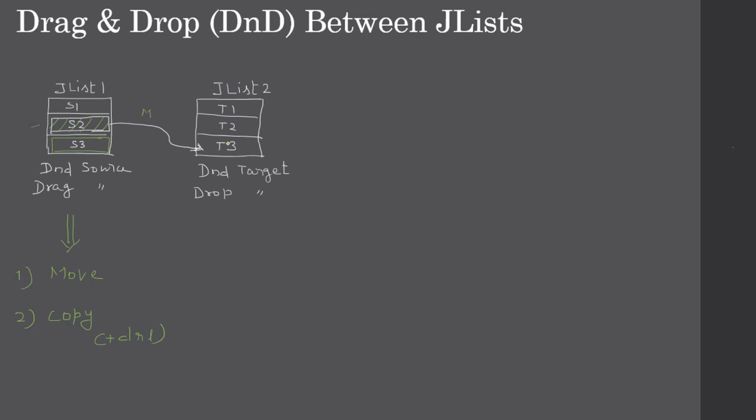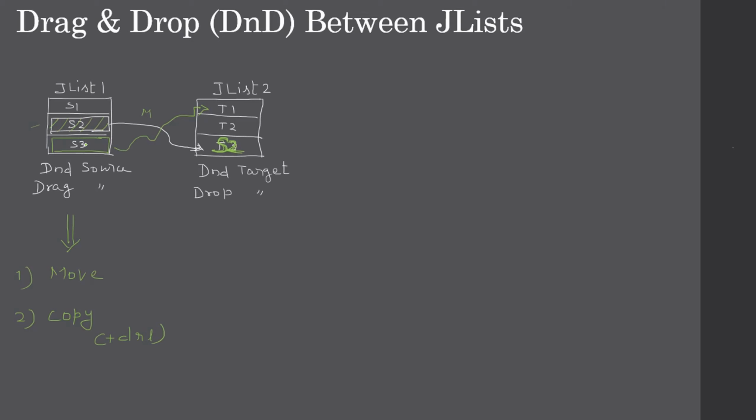So the item T3 will be replaced by S2, and S2 will be removed from the drag source and it is dropped to the destination. That means D&D target. S2 will be here. So now this time we are performing the copy operation by making use of the Control key.